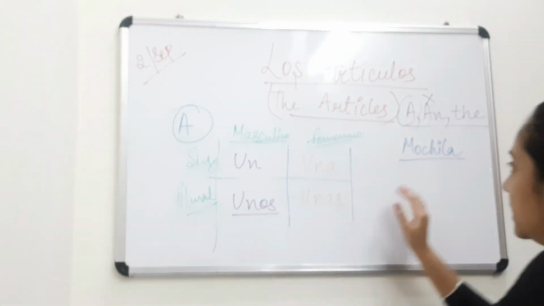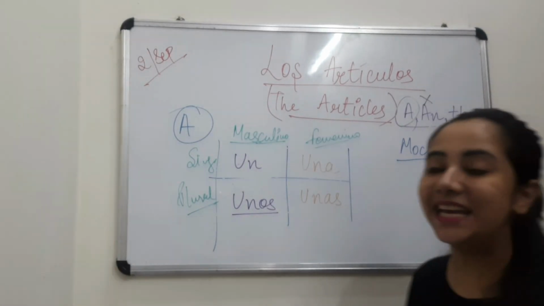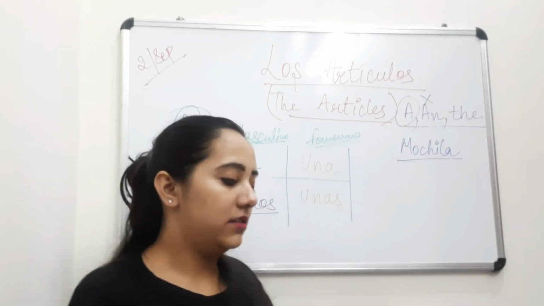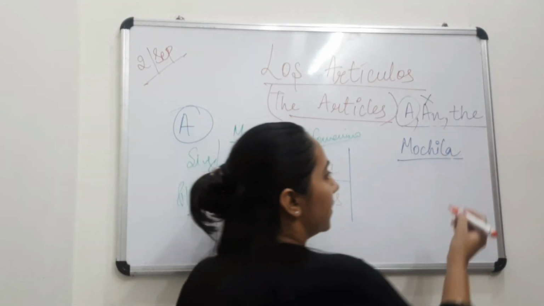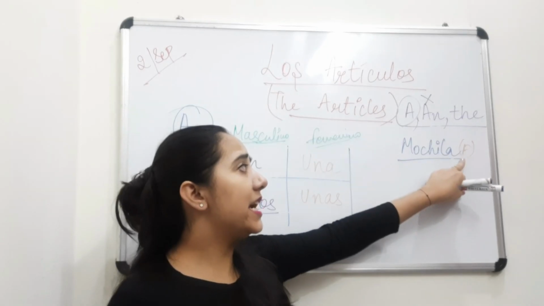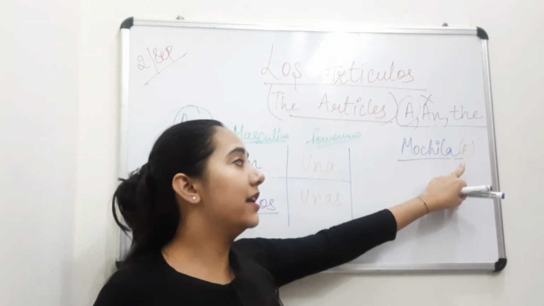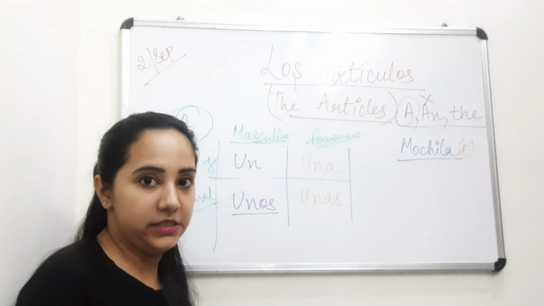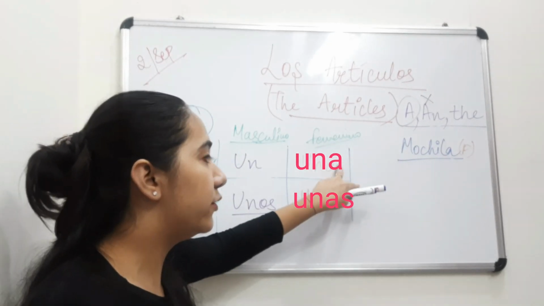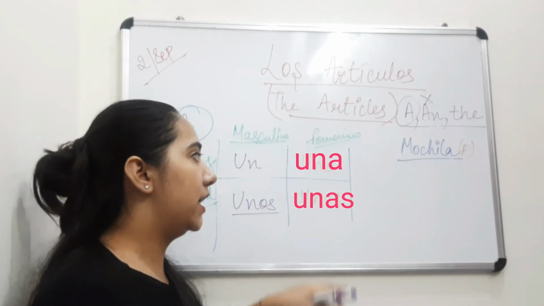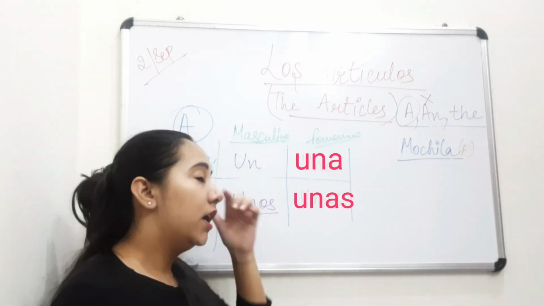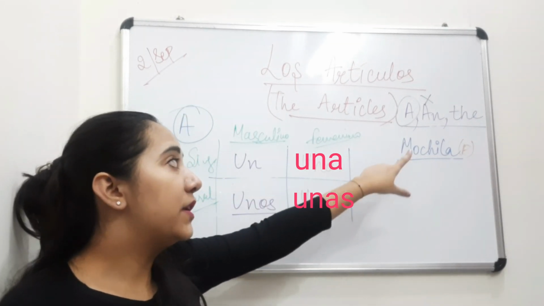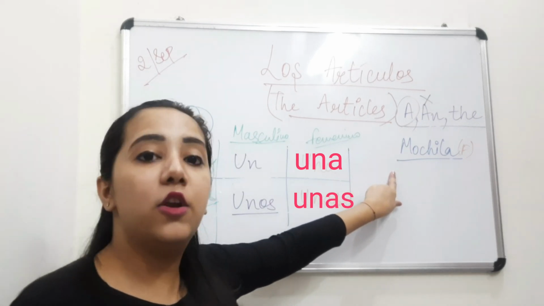Now this is mochila. Mochila is ending with a. This is a feminine sign. So you can just write it F. It is ending with a, that is feminine. Now I know it is feminine. So now you are left with two options: either una will come or unas will come.